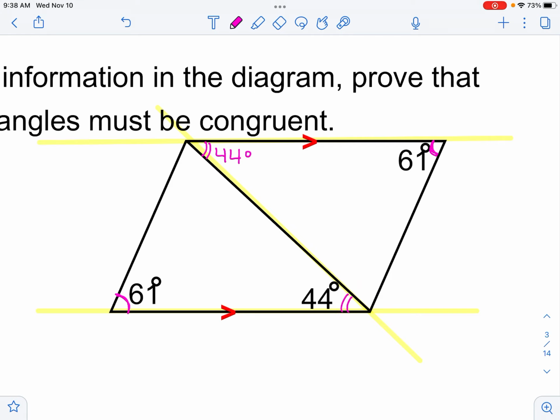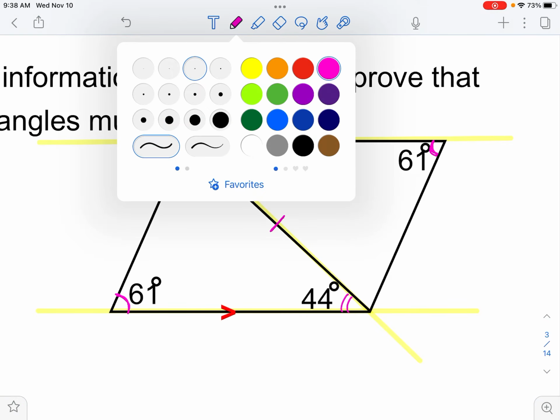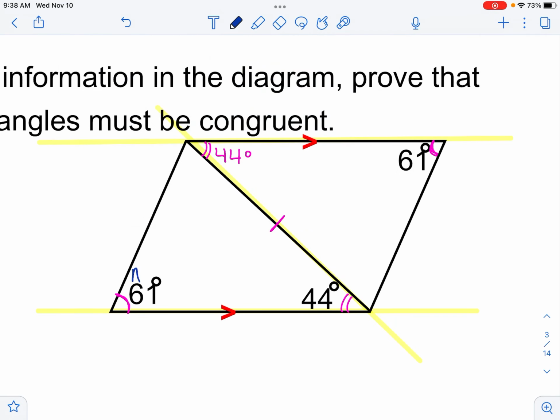Now, I could say the third set of angles are congruent, but there is no angle-angle-angle proof of proving a triangle congruent. So I need a side somewhere. Let's see what I know. I see that these 2 triangles share a side. So now I can see that the 2 triangles are congruent. The reason is angle, angle, side.